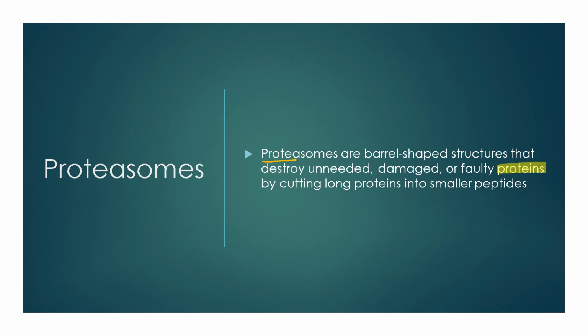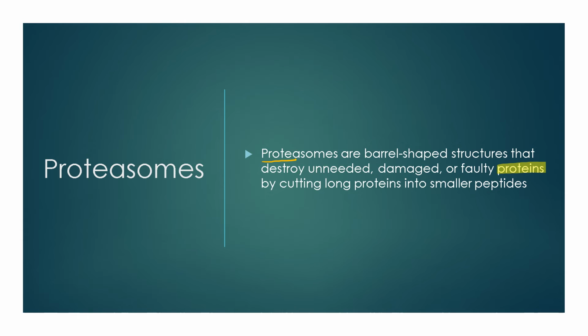So essentially, the proteasome is going to find proteins that have completed their function and break them down so that those proteins don't continually try to complete their function over and over again when they don't need to. Once they've finished it once, they can be broken down. They are finished with their role.